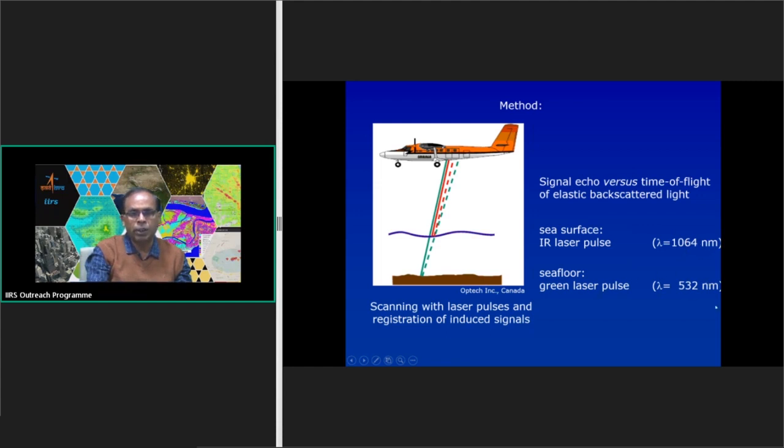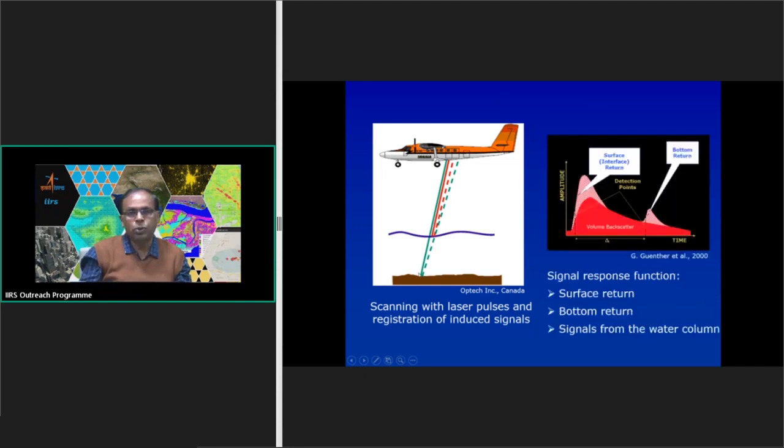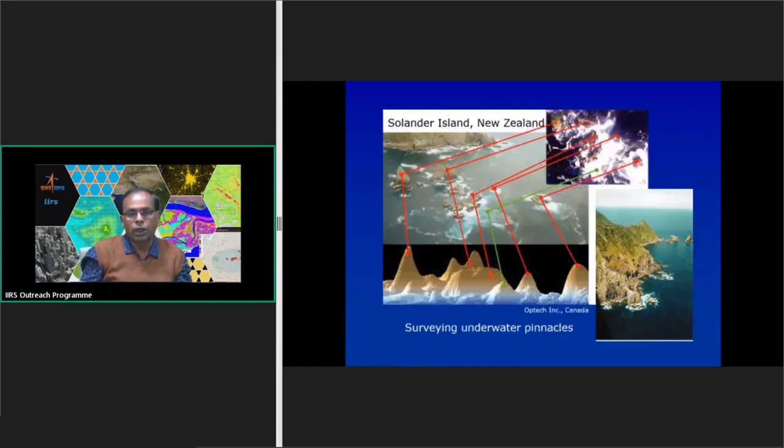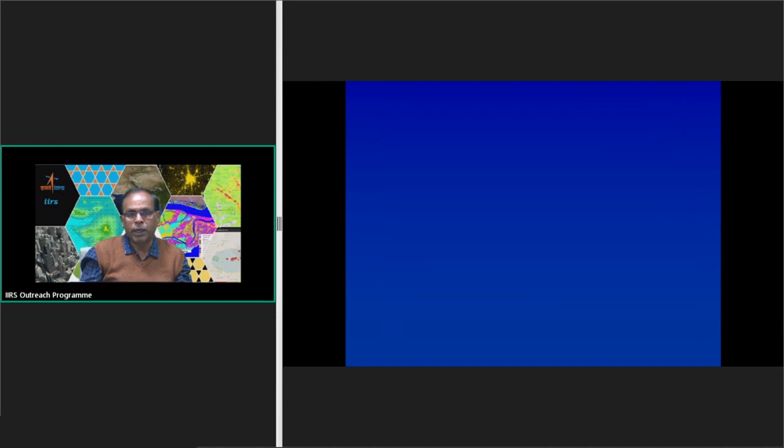Another is the green wavelength region, that is 532 nanometer. The infrared light will return from the surface, and the green light will penetrate deep into the water. So the difference will give you the height of the water above the bottom. This will give you the bathymetry information, and this is the amplitude of the return pulse and the time difference, and this is the underwater pinnacles. It is mapped by the LiDAR data.